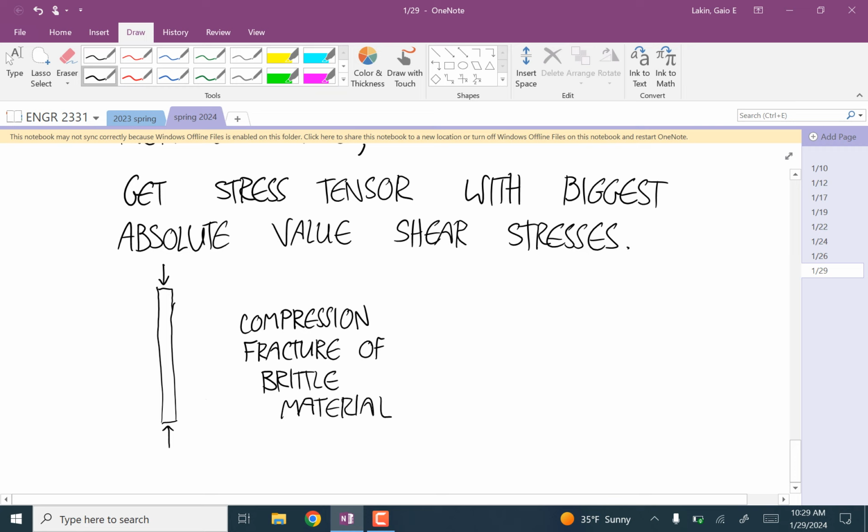Well, what does the stress cube look like? You just have loading in one direction, so it looks like this, right? So this is a principal orientation.